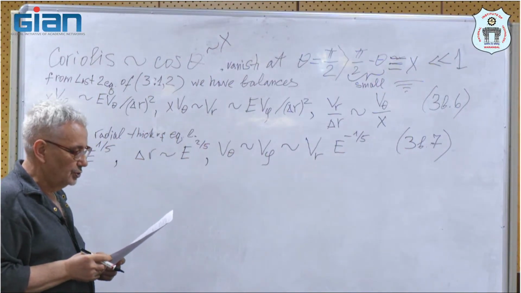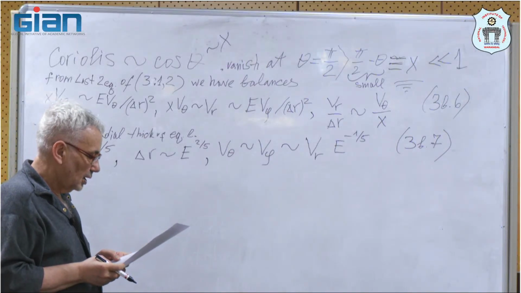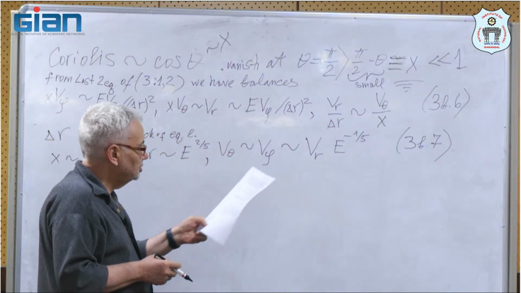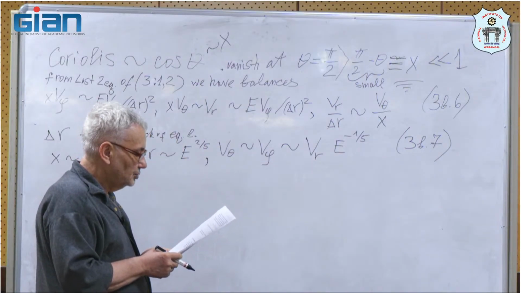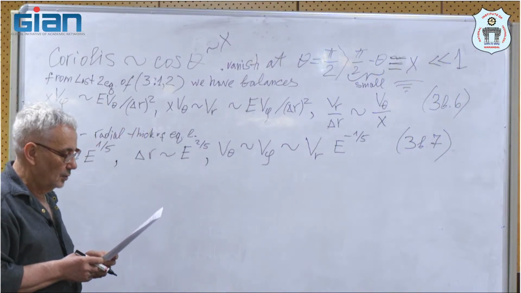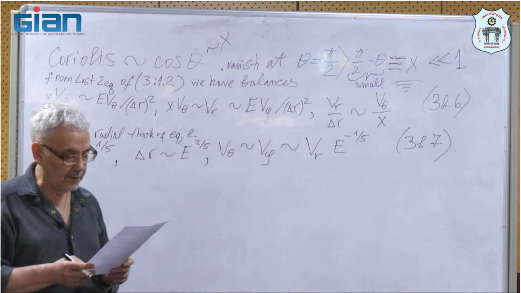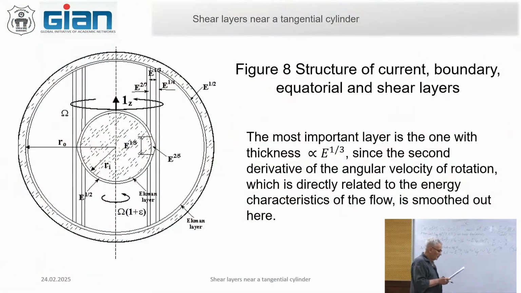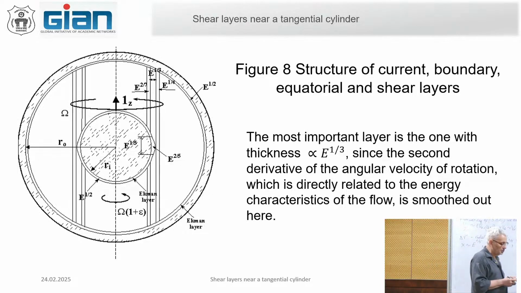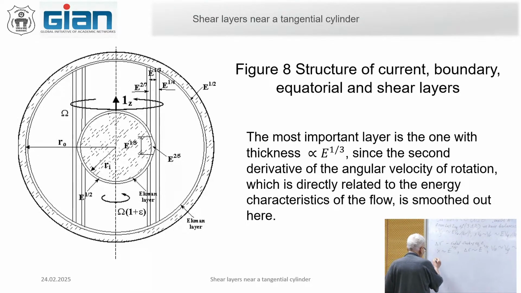And the equations for determining the flow in the equatorial shear layer are obtained from 7, under all this condition, and the Navier-Stokes equation, so original equation, and compressibility condition. For more details, you can see the problem which will be stated later, problem 2. And the final equation for all these things, we have two types of stretched variables, and the final equation for all the stuff is following.